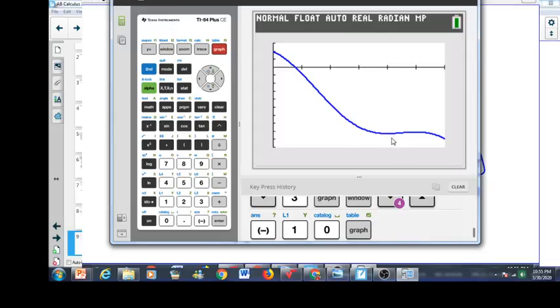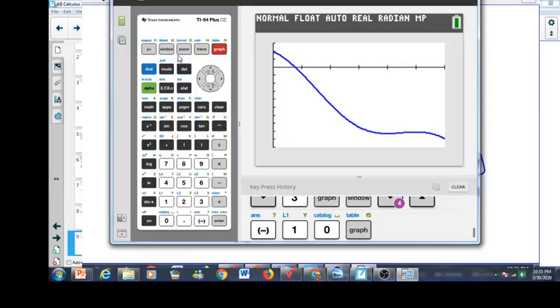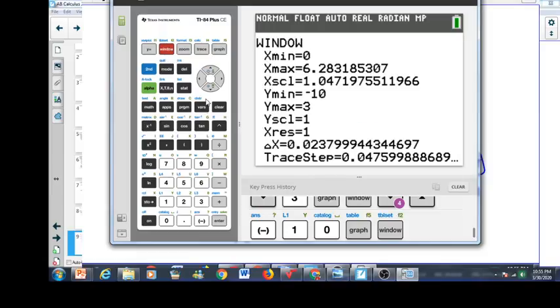So it looks like the critical number is right in here. We're decreasing all the way down from 0 to 4 pi over 3, and then increasing all the way to 5 pi over 3, and then decreasing from there. Let's see if we can hone in the window a little better.